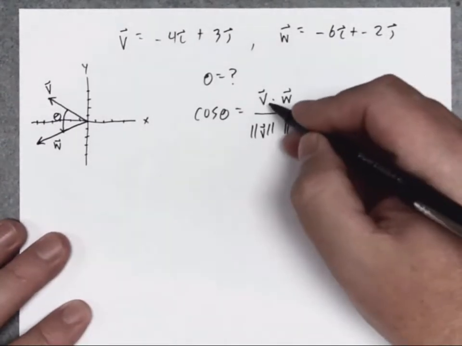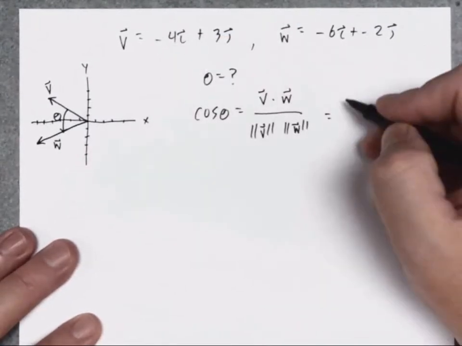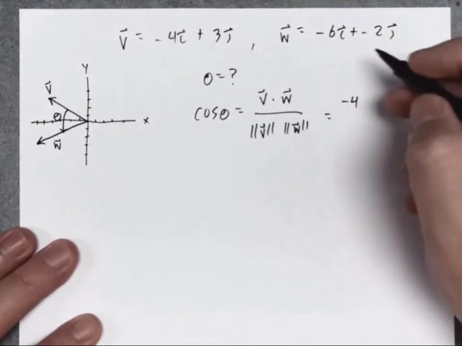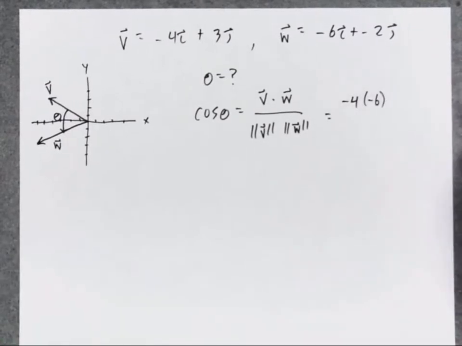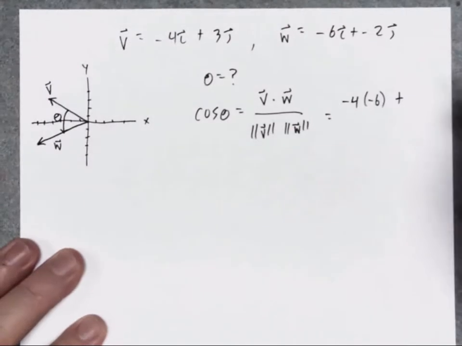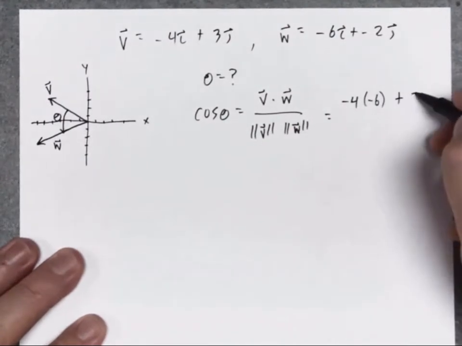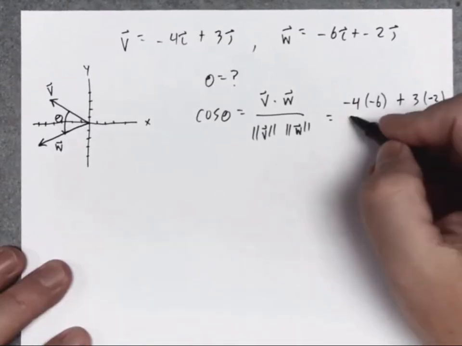So let's see if we can fill this in. So the dot product, you go to vector v, you get the i part, negative 4, times the i part of the w vector, plus now you get the j part of the v vector, 3, times the j part of the w vector, which is negative 2.